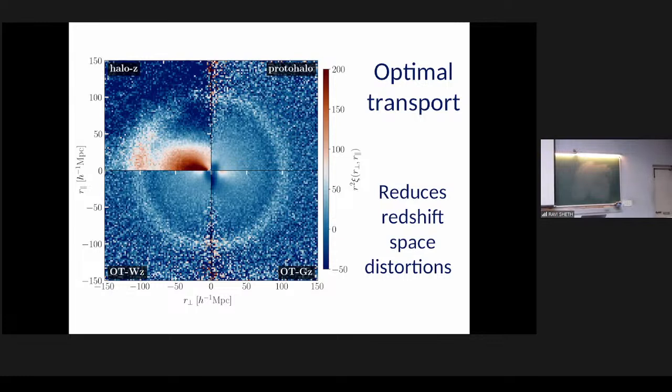Suppose I just throw it at random. I say the stuff I don't see is uniformly distributed, which it is not, it's clustered. But suppose I say wrongly that it's uniformly distributed, and I run the optimal transport reconstruction, and I ask what happens to the reconstructed state. That works quite well. Okay? So it works to the percent precision. So what did I need to assume to do that? I needed to assume this, that I saw 20% and I'm missing 80%. So that means I needed to assume a value for omega matter.